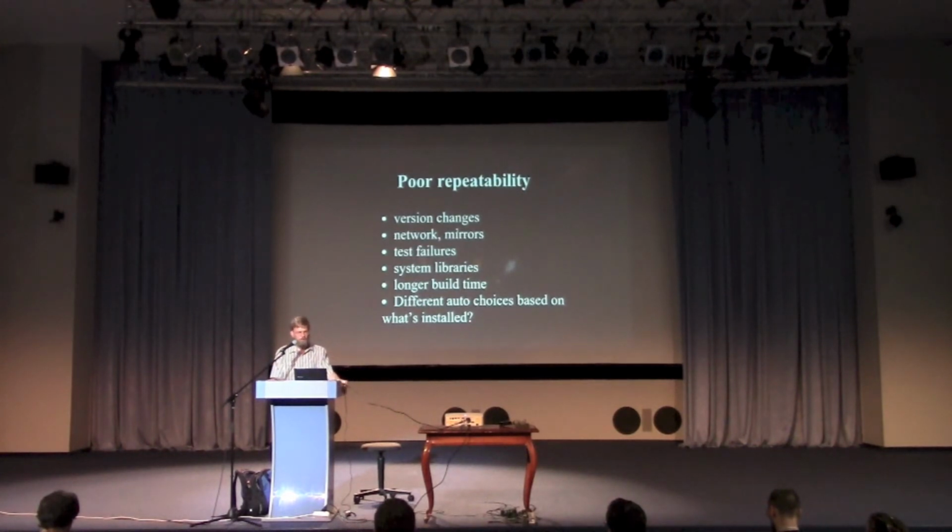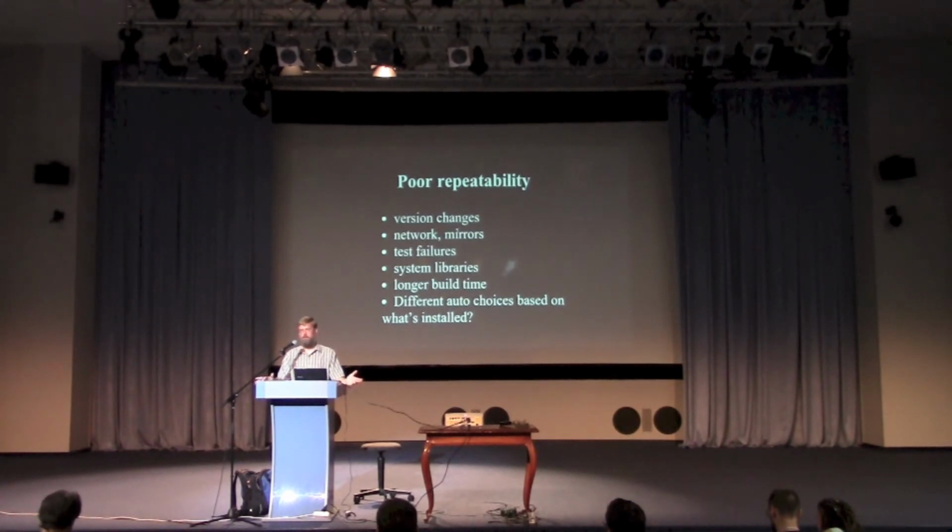Installing from source also puts you at the mercy of the system libraries that happen to be on the system at the moment you're building. And some CPAN modules will make choices for you behind the scenes based on what's installed on the system.